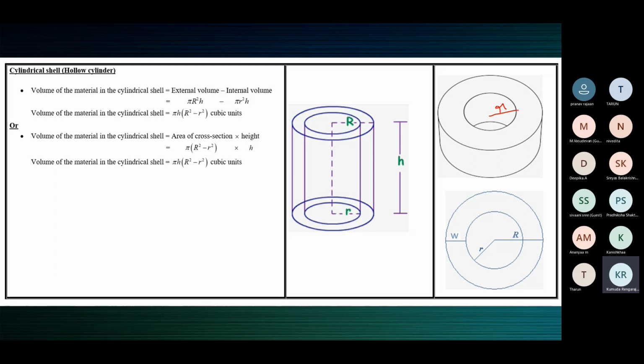This is the width or the thickness of the wall of the cylinder, which is denoted by the small letter w. r plus w is equal to capital R, which is the outer radius. We'll see this in detail when we take up a cylindrical shell or a hollow cylinder.